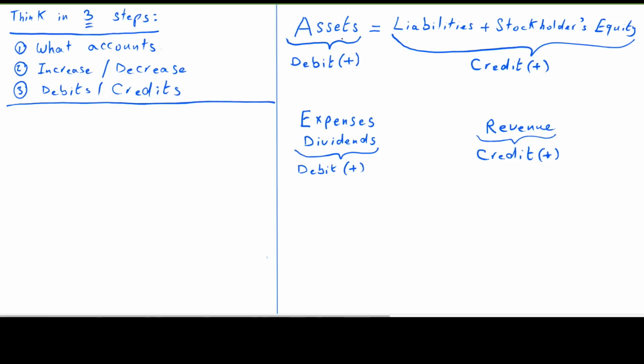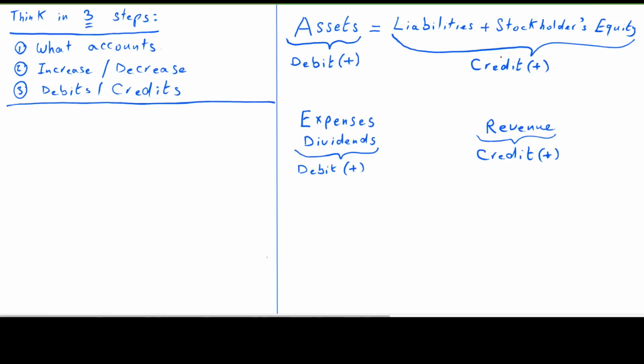Any account that falls under the assets, like cash, like buildings, like supplies, like prepaid, like accounts receivable, any of those accounts will increase with a debit. Okay, so if we're increasing it, it means we're debiting it. And if it decreases, it will be a credit. So debit and credit are always opposite each other. Okay, that's if they are assets.